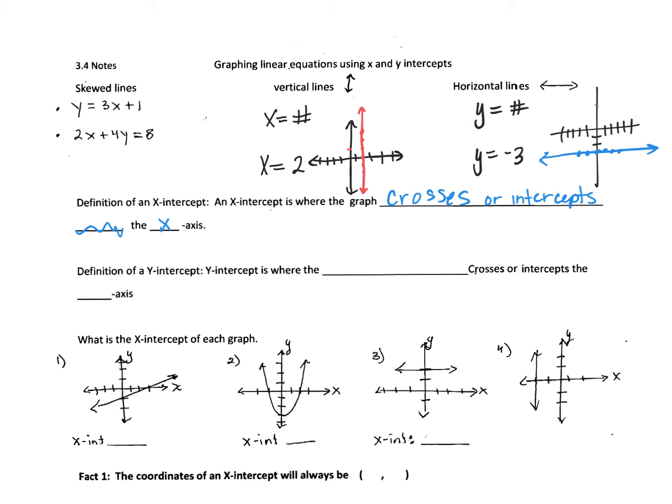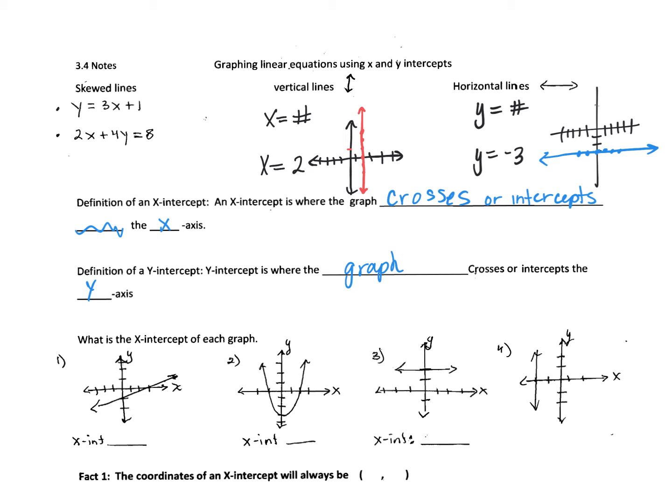The y-intercept is where the graph crosses or intercepts the y-axis. If you play football, an interception is when the other team grabs the ball, so the x-intercept is where that line hits the x-axis, it intercepts that.